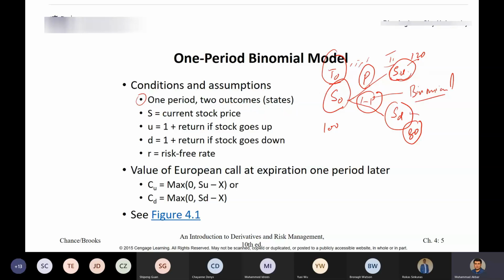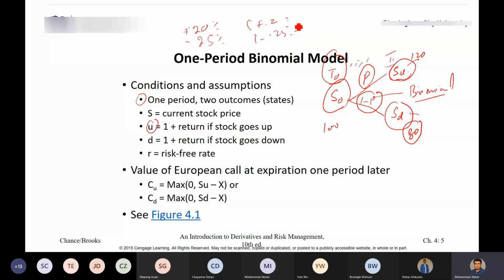S0, as usual, will be the current stock price. U is the factor by which the stock price can go up, and it will be equal to 1 plus the return if the stock price goes up. For example, if we are told that the stock price can go up by 20% and can go down by 25%, this will be 1 plus 0.2 and 1 minus 0.25.